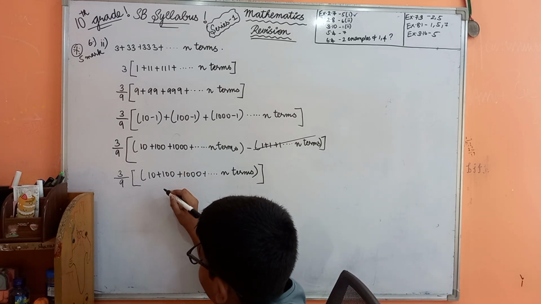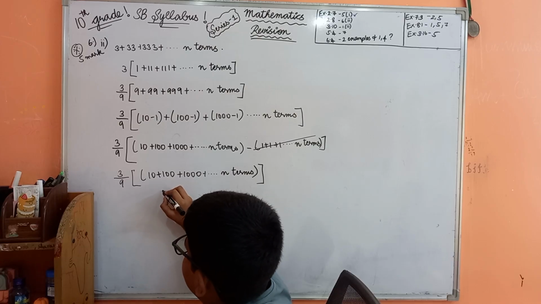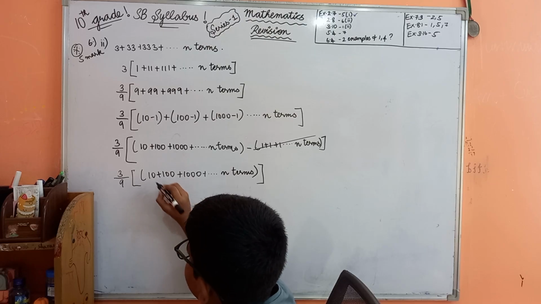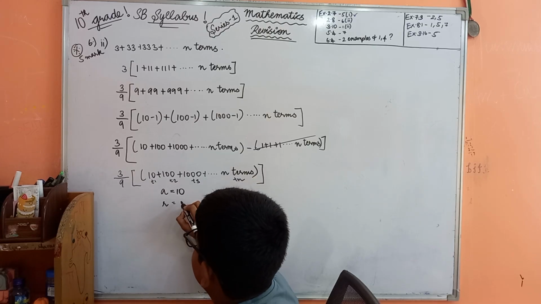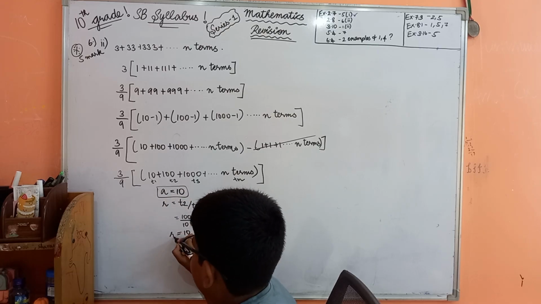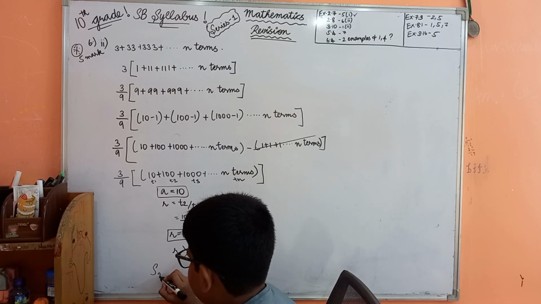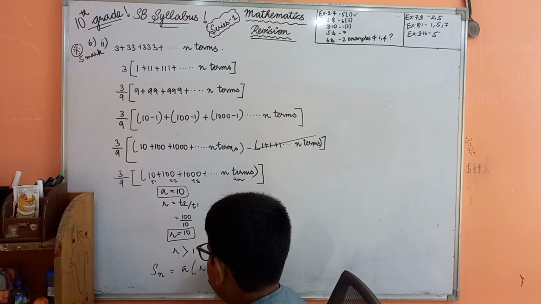So first we gotta find a. a is 10, r is T2 by T1, 100 by 10, we get 10. So r is greater than 1. So the formula is Sn equal to a times r to the n minus 1 by r minus 1.